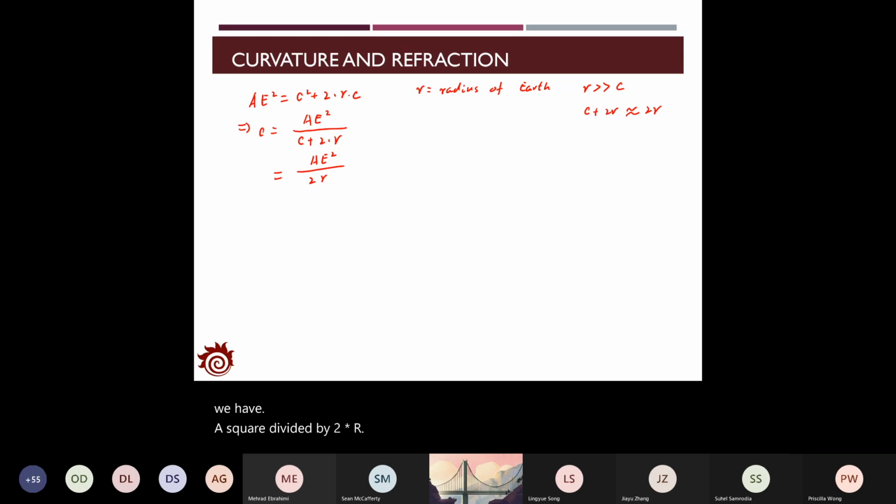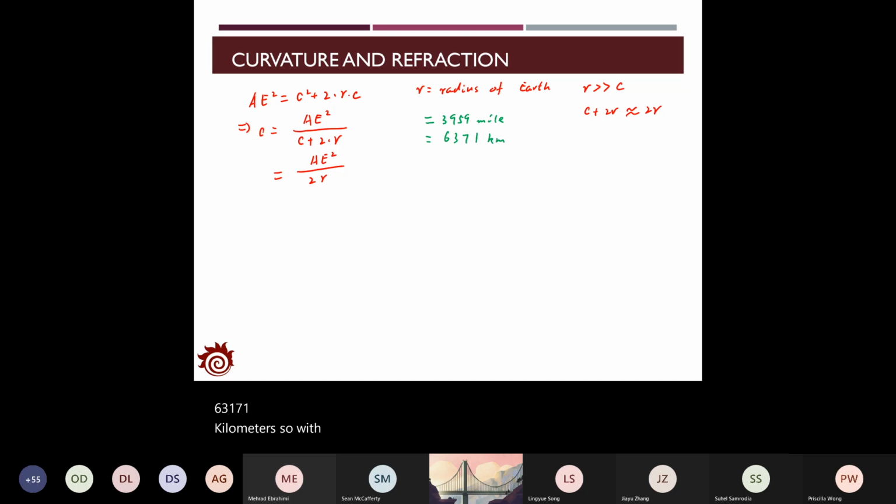We also know that for the Earth, the average radius is 3,959 miles, or 6,371 kilometers.